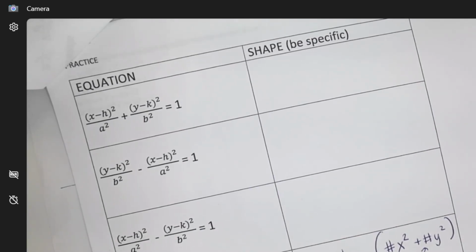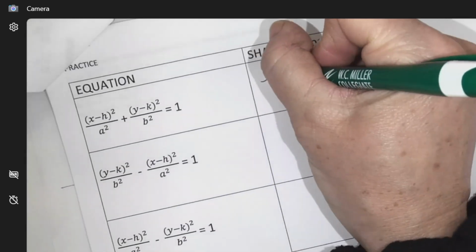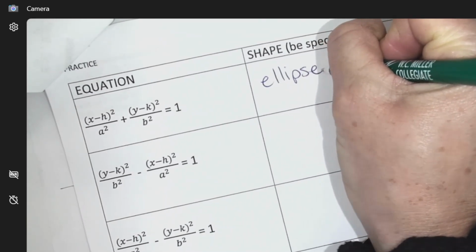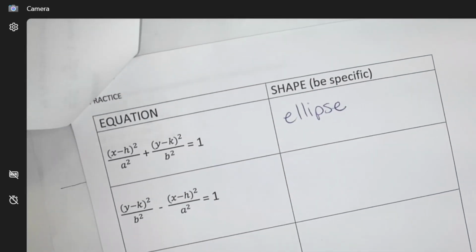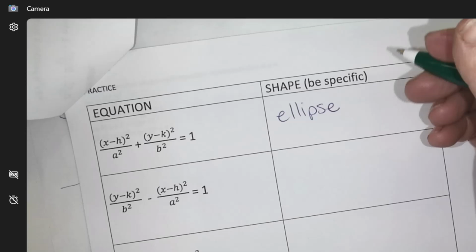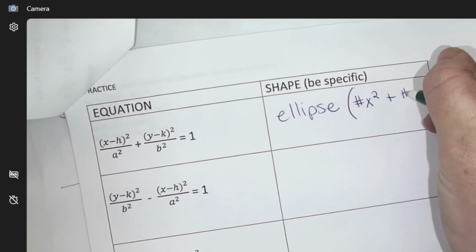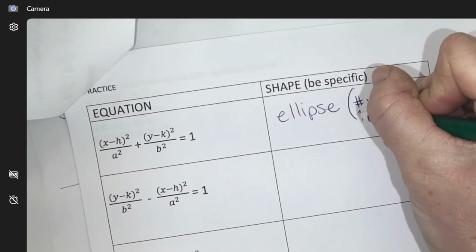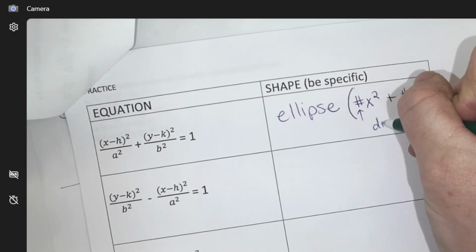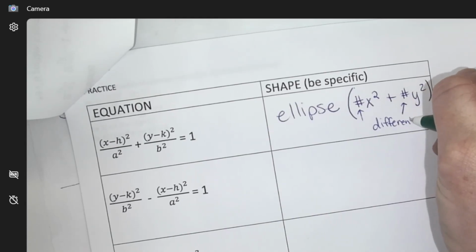And which one would be the ellipse then? The top one would be the ellipse. And the reason is I would have some kind of x squareds plus some kind of y squareds, but these would have to be different.